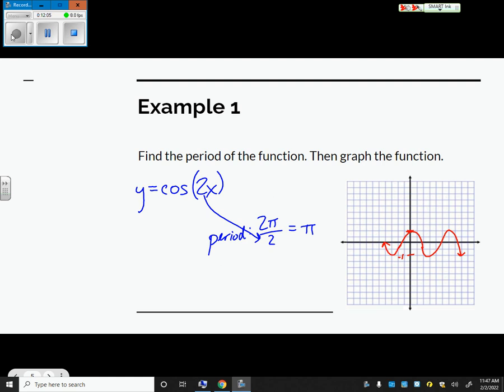And then I can go back and scale my axis however I need to. By the time I complete one period here, by the time I come all the way down and come back up, I should be at pi units. Well, that means if I go halfway back, that this would have to be pi over 2. This would be pi over 4. And then this guy would be 3 pi over 4.